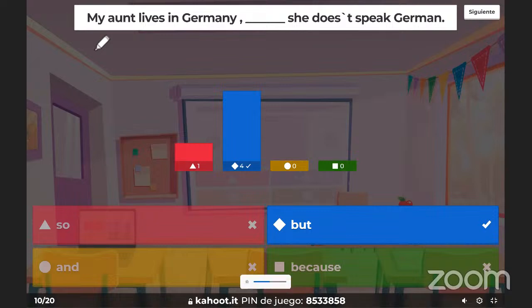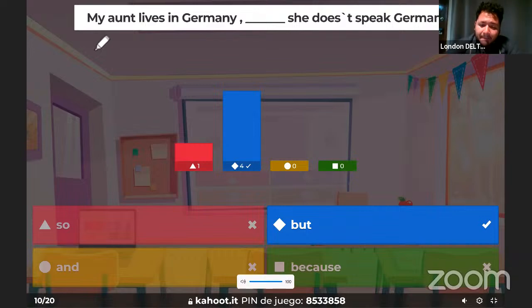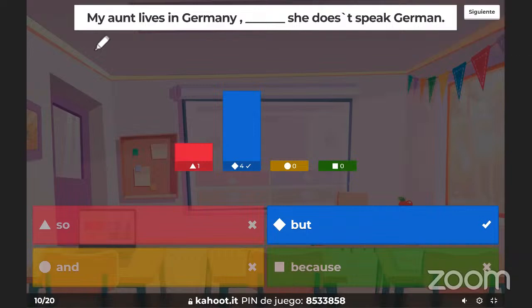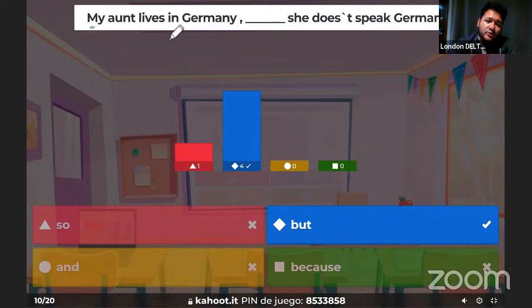Dos ideas, una oración compuesta por dos ideas, pues. Yes, very well. It's a sentence made by two simple sentences. Una oración compuesta de otras dos oraciones simples. En este caso estoy juntando dos ideas en una sola oración.